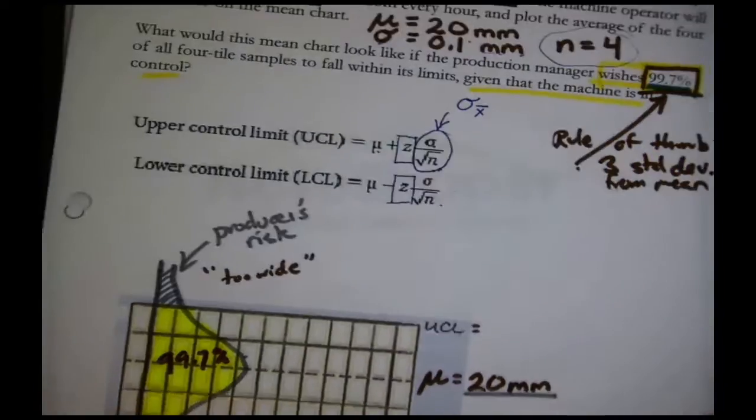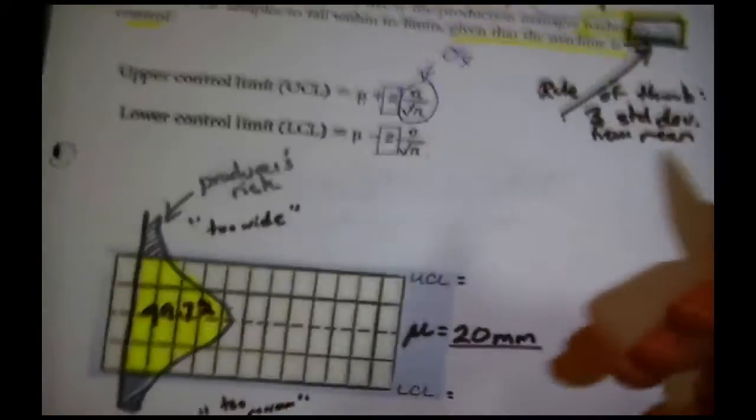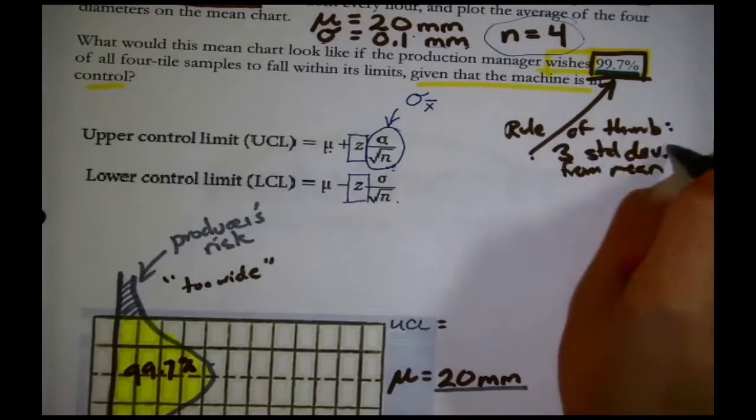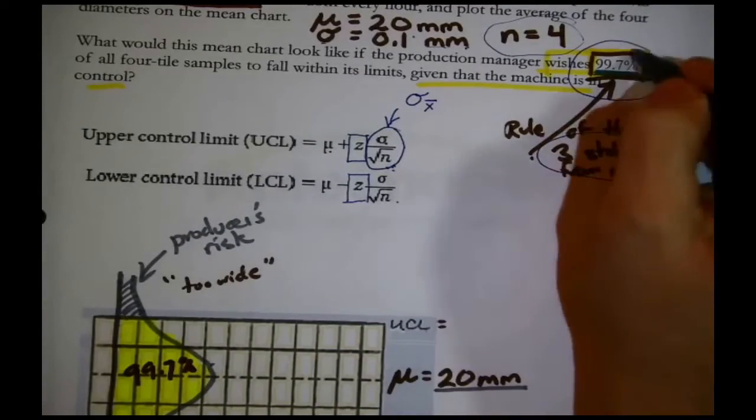Oh, well, anyway, I think that's about all the detail we can add to this, because once you realize that what they happen to be asking for fits the rule of thumb of 3 standard deviations from the mean, that's what Z is. Z is literally the number of standard deviations of the sampling process that's going to be to the top and to the bottom, which is from the mean.